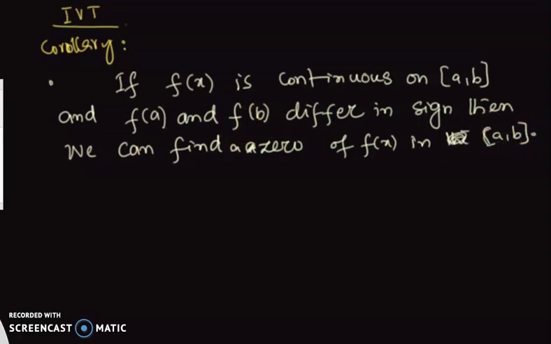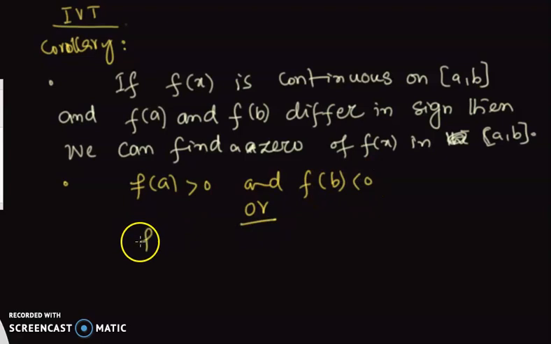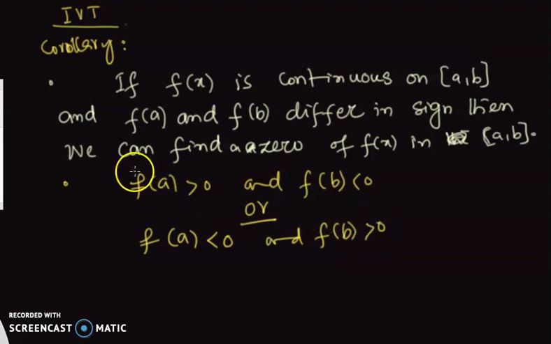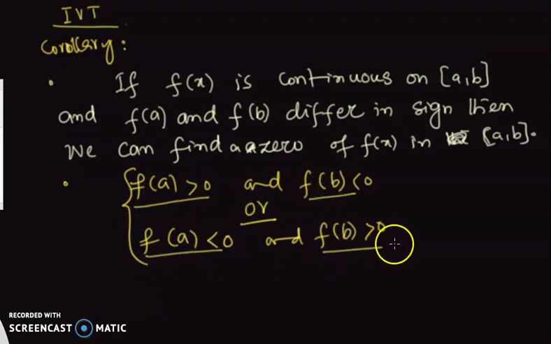So it says that if f is continuous and f of a is positive and f of b is negative, or f of a is negative and f of b is positive, so one of these conditions holds.